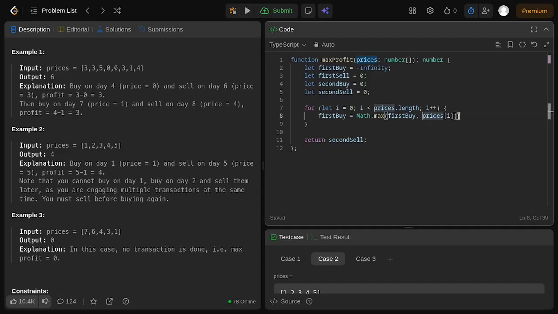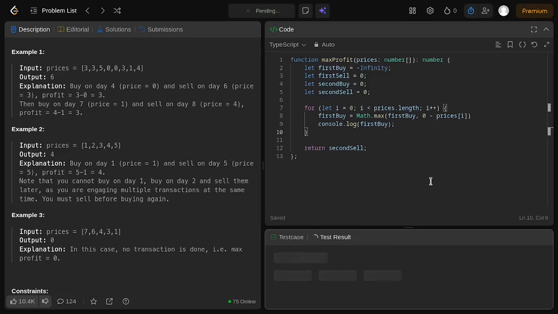Then we can flip this, because hypothetically we are buying something, so of course we are starting from 0. Then we are borrowing money somehow, and since buying leads to a negative number, we can just use 0 minus the current buy price. Then we can just console.log to see how the first buy is going on every iteration.